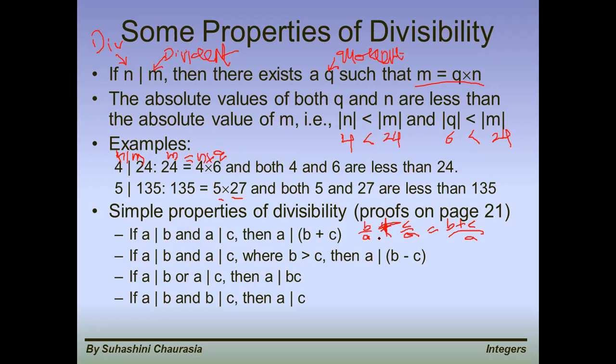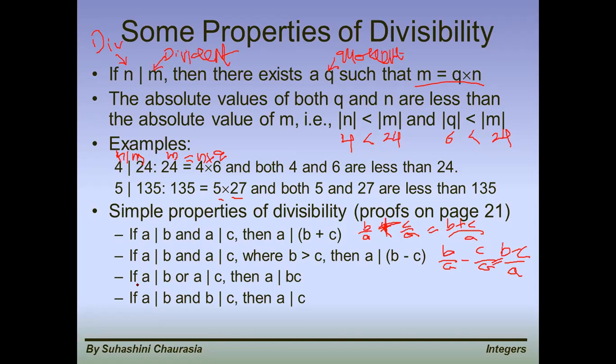Okay. Second is if A divides B and A divides C, where B is greater than C, then we may have B greater than C. If I subtract it, then this is equal to B minus C upon A. Okay.